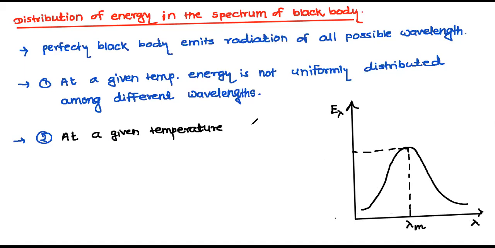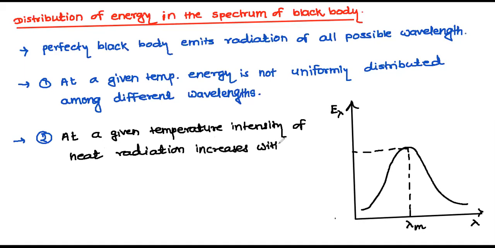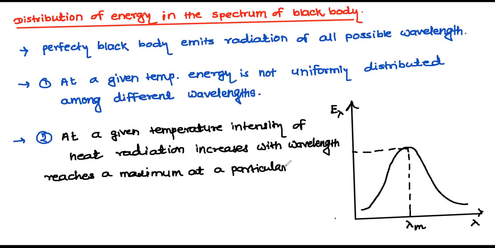At a given temperature, intensity of heat radiation increases with wavelength, reaches a maximum at a particular wavelength, and with further increase in wavelength, it decreases.